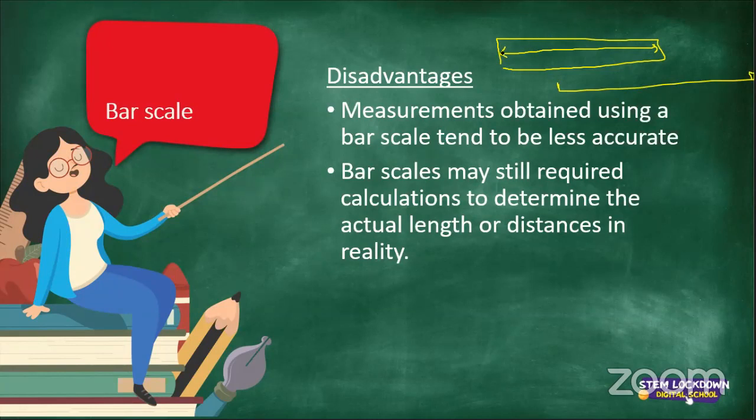Some learners will measure maybe 5.1, some will measure 5, some will measure 4.9. So these increments can make your calculations incorrect.